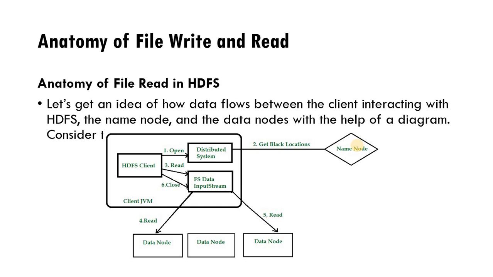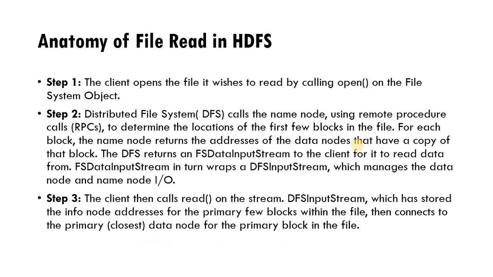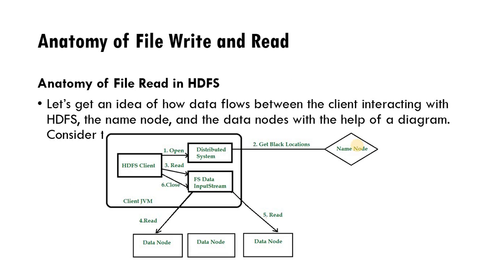The name node finds the location from its metadata and sends it to the distributed file system, and also sends an FS data input stream to the client. Using this, the HDFS client reads the file through the FS data input stream object.